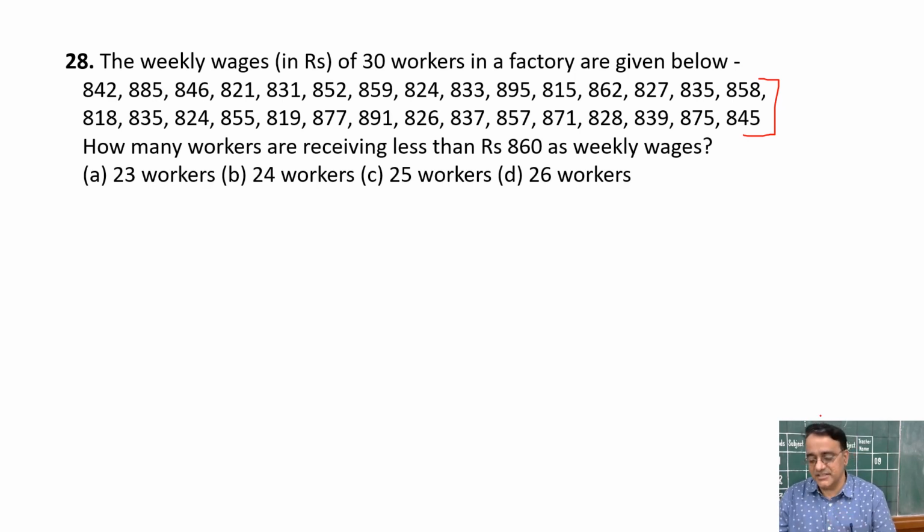Let's start counting from here. 1 2 3 4 5 6 7 8 9 10 11 12 13 14 15 16 17 18 19 20 21 22 23. Is anyone left? No, sir. Right. So the correct answer is option A, that is 23.